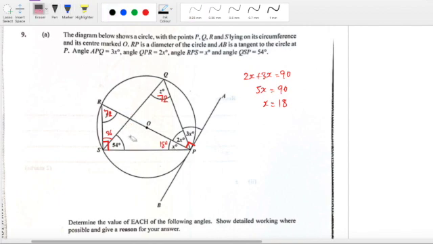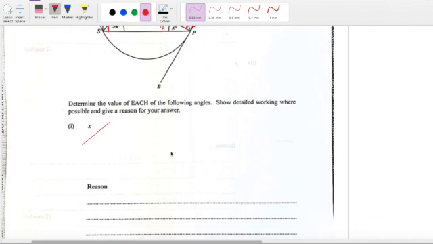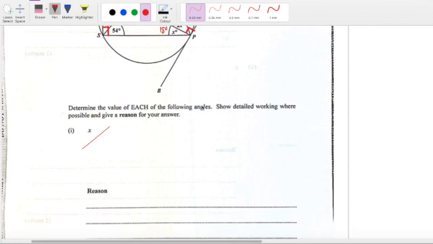But let's see exactly what the question asked for, because I haven't even answered the question yet. So determine the value of the following and show detailed working where possible and give reason for your answer x.